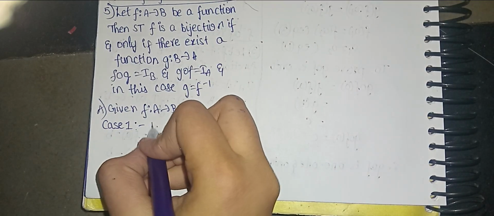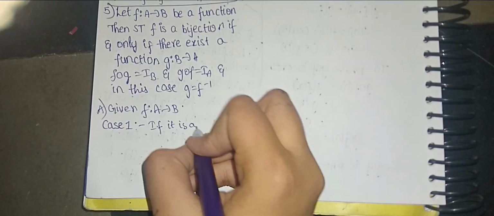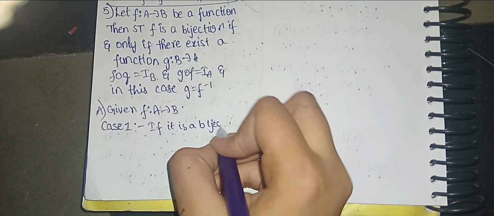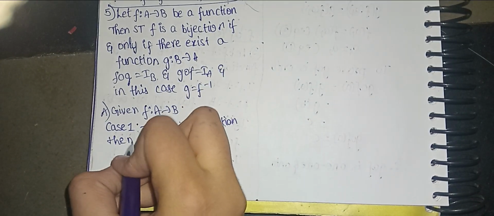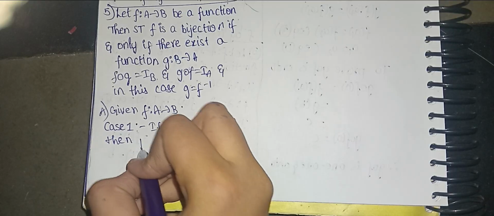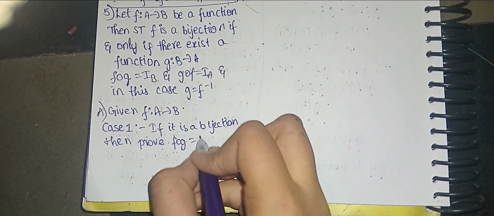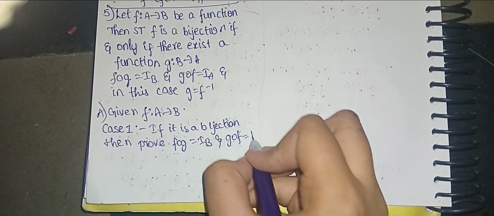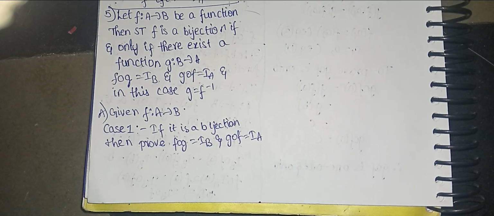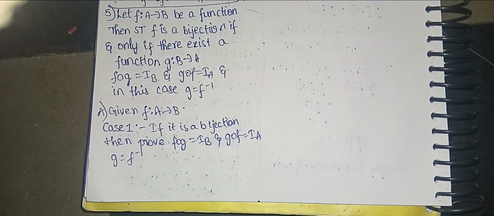If it is a bijection, then we have to prove f circle g is IB and g circle f is equal to IA. In this case, g is equal to f inverse. They only gave this in the question.